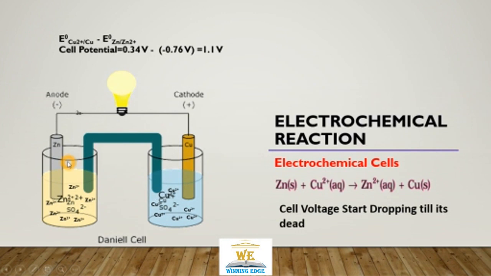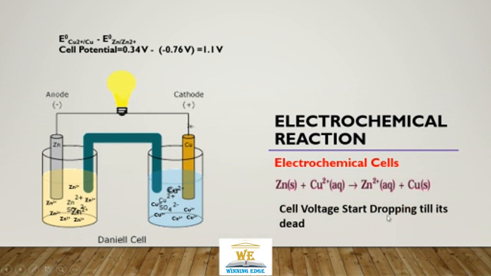We know as zinc starts to oxidize, zinc ion concentration in solution will increase, and sulfate concentration will increase here because of the enhanced deposition of copper on the copper electrode with time.